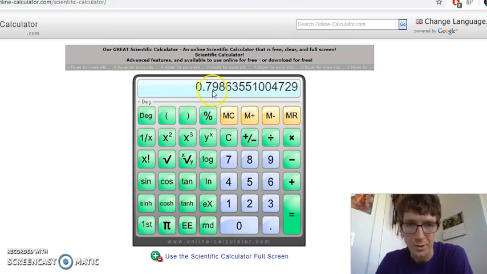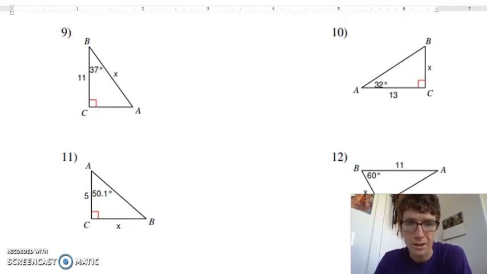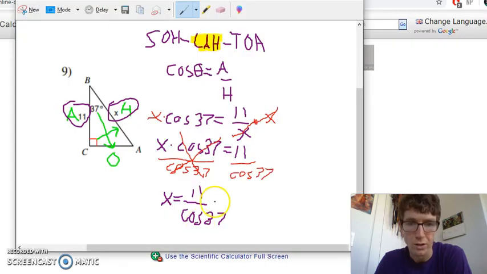Let's round this to 0.799, round that 8 up to a 9. So x is equal to 11 all over 0.799, and what we got to do is just do 11 divided by 0.799.